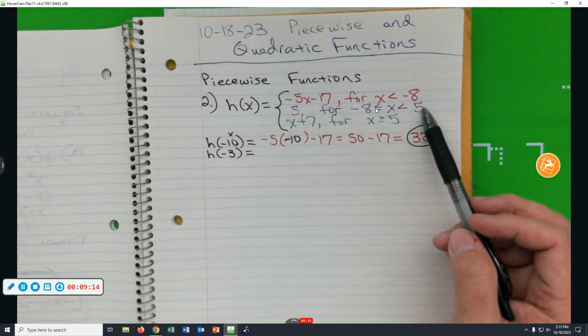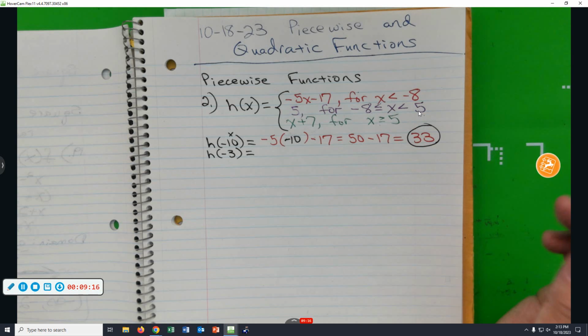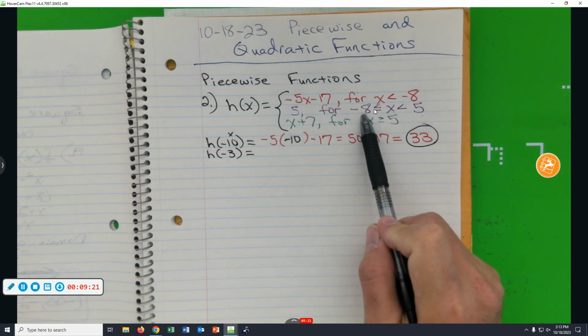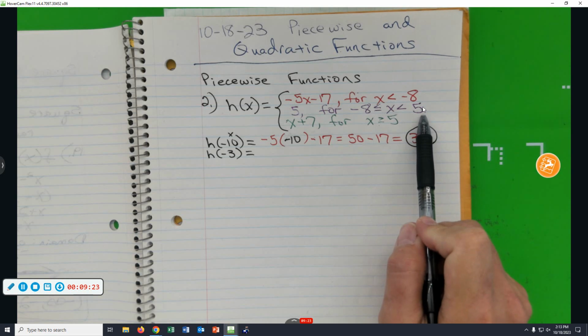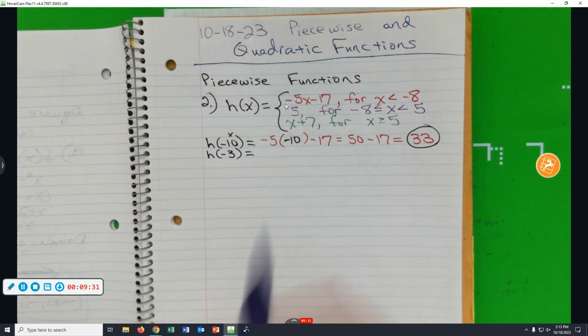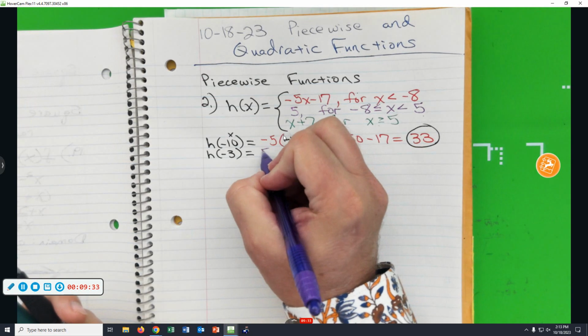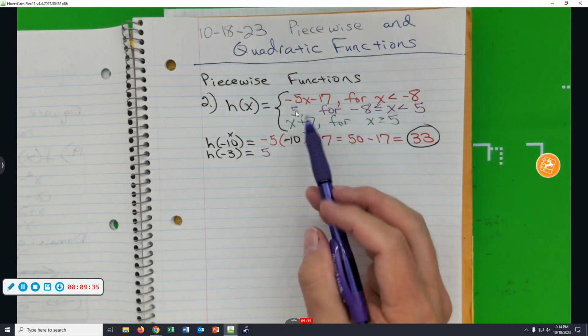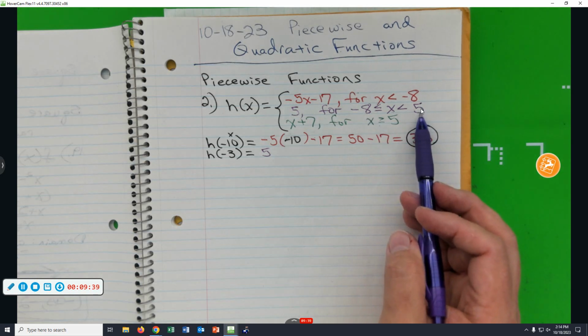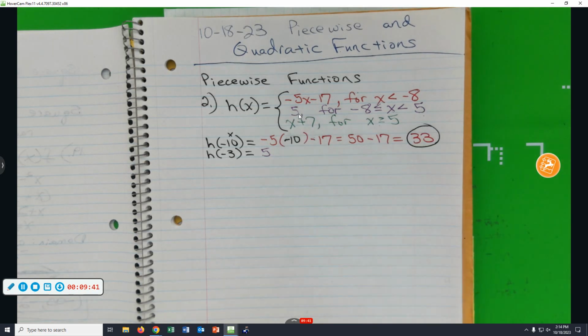Which inequality is satisfied? The purple, I agree. Negative 3 is between negative 8 and positive 5. So we come over to the purple piece. Wait a minute, there's not an x to plug into. So the y value is just 5. That piece is a constant piece. For every x value between negative 8 and positive 5, the y value is just 5.